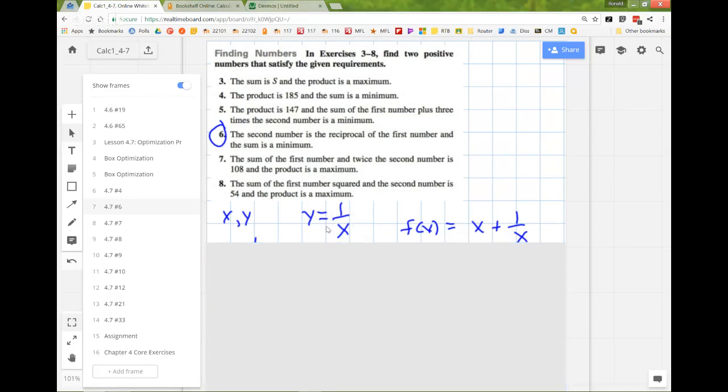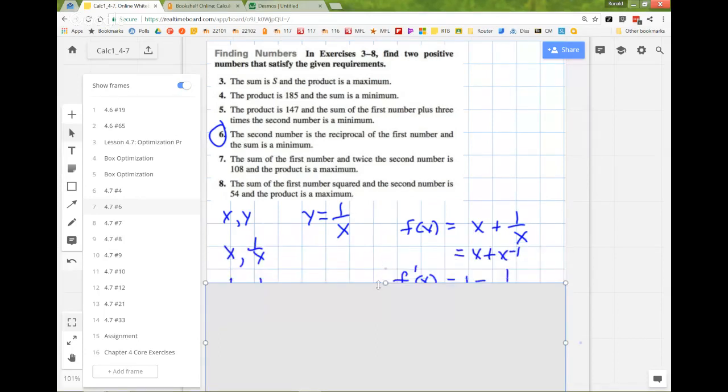So y equals 1 over x. Okay? So the two numbers are x and 1 over x. Their sum, x plus 1 over x, is a minimum. So take f of x. We're going to rewrite it as x plus x to the negative 1 power.